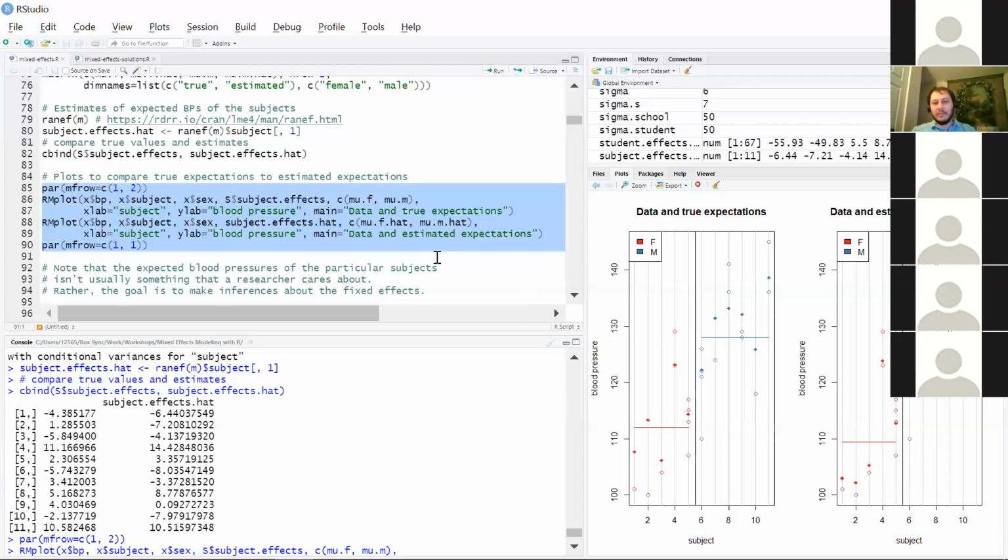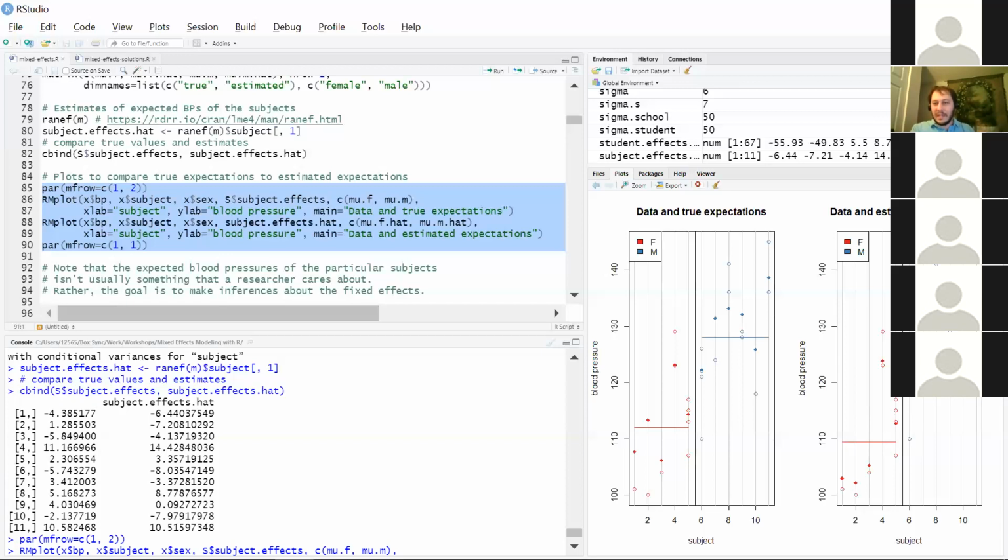Okay, and so let me reiterate again that these random effects, these subjects' expectations, aren't usually of much interest to a researcher. Researchers are testing things like, is there a difference between male and female? Sometimes these values matter, sometimes you do care about them. Usually you care about the group's overall expectations and maybe testing for differences among groups.